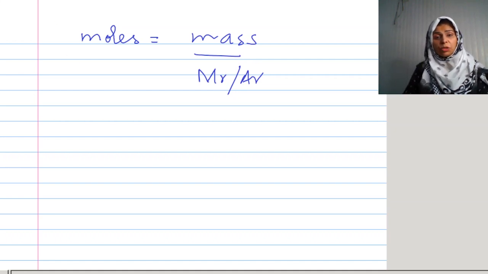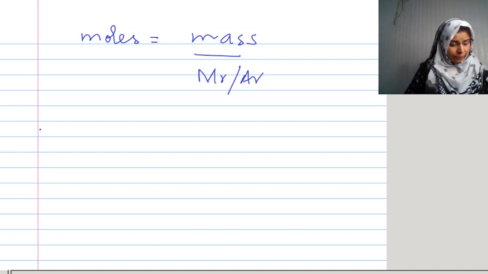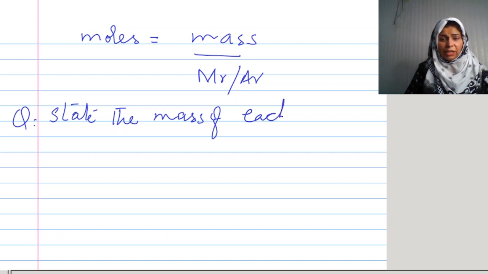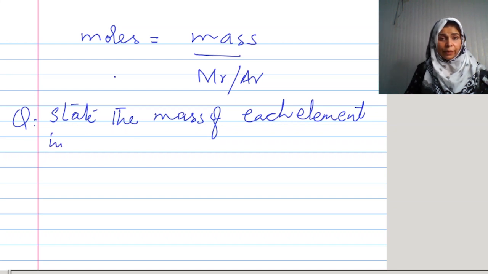They can ask the question, calculate the mass. I am going to write a question: state the mass of each element in number 1.